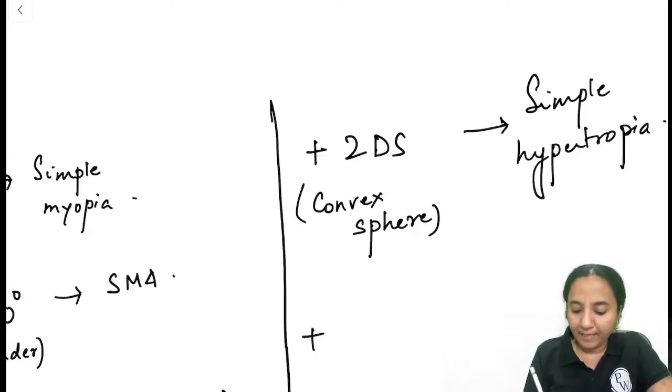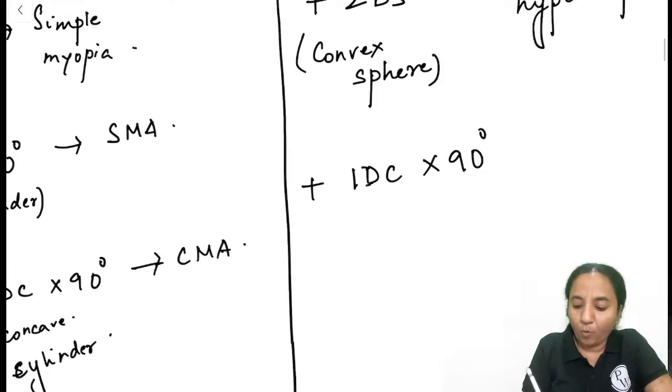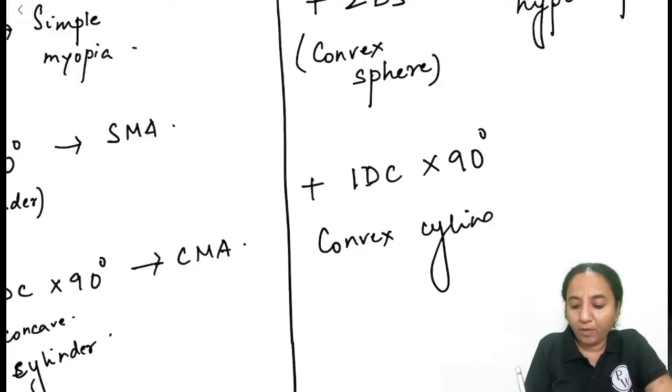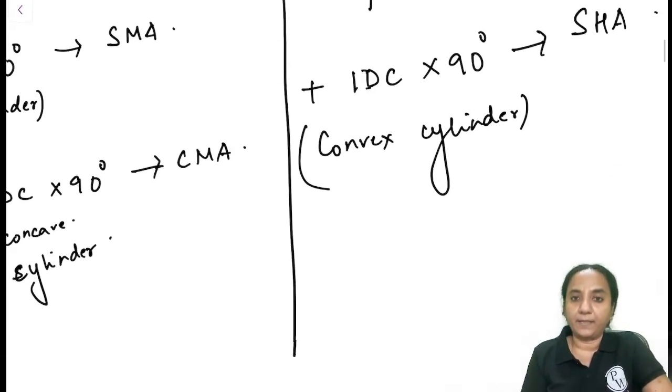Suppose you have +1 diopter cylinder cross 90. This is only a convex cylinder, so it is SHA, simple hypermetropic astigmatism.